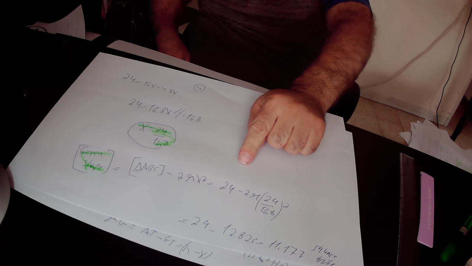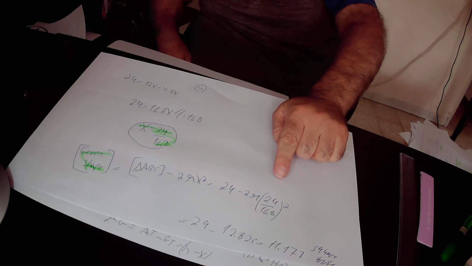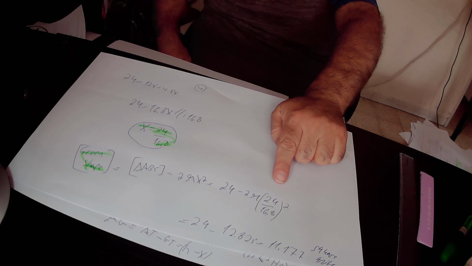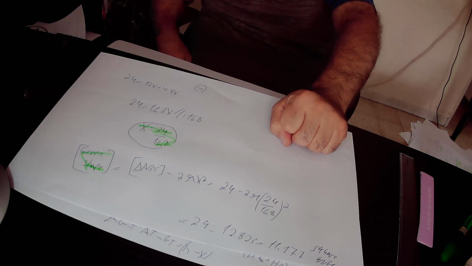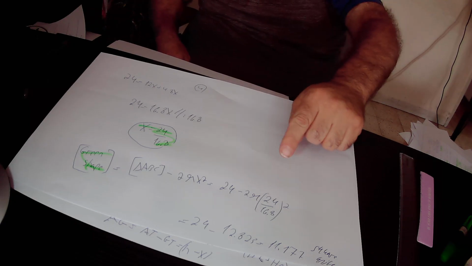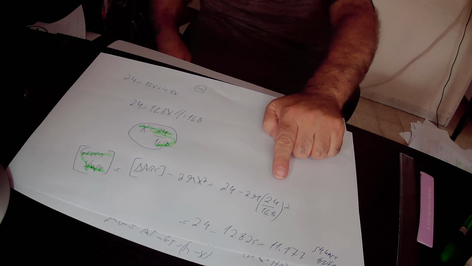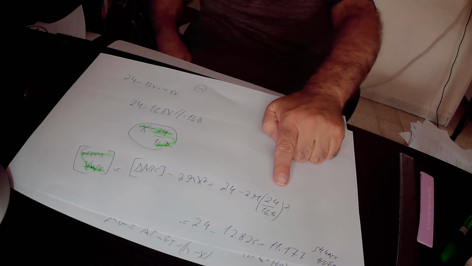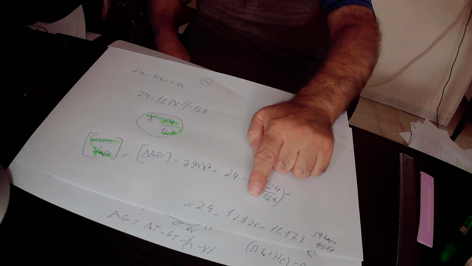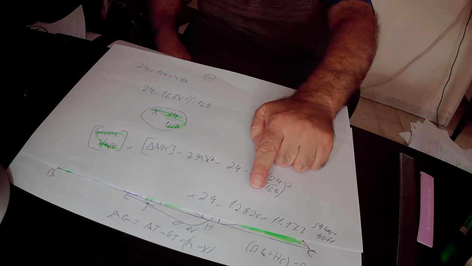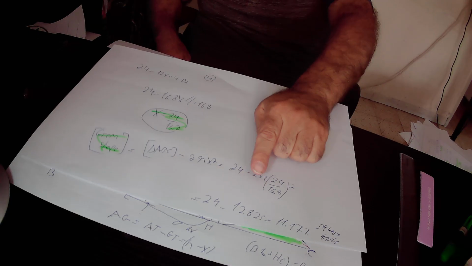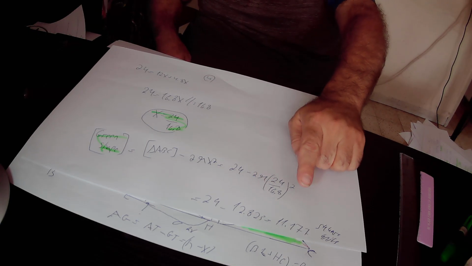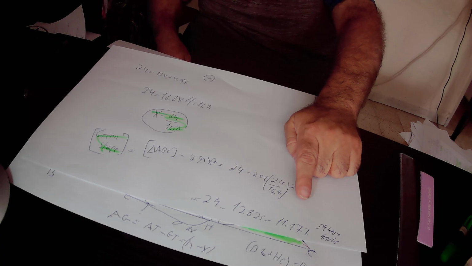So the area of the green shape equals 24 minus 2 pi times 24 over 16.8 squared. The value of 2 pi times 24 over 16.8 squared equals 12.823. 24 minus 12.823 equals 11.177 square units.